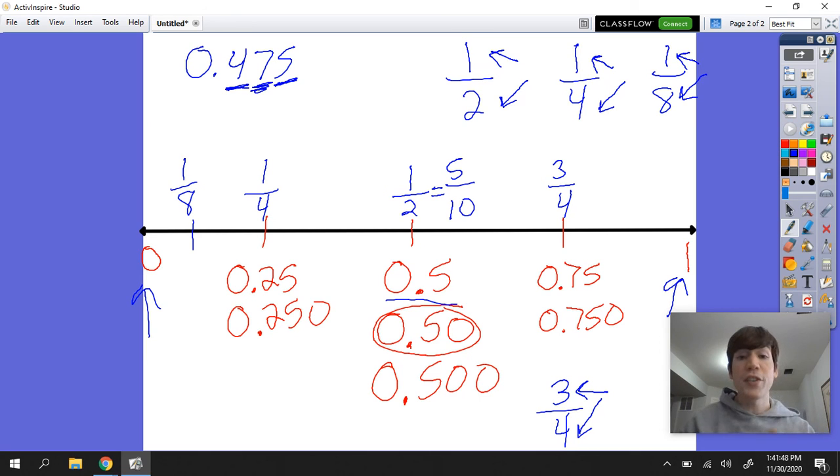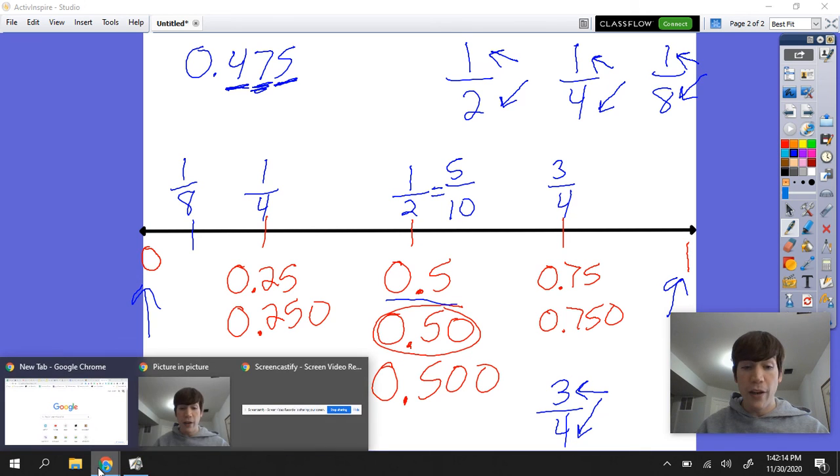So one suggestion I would make is that when you see a fraction, first look at the denominator, ask yourself how many pieces does it take to make a whole, then look at the numerator, how many of those pieces out of a whole do you have, and then start asking yourself, what would this be close to? Would it be close to a half? Would it be close to 0? Would it be close to 1 whole? And then you're going to have a much easier time when it comes to putting it onto a number line.